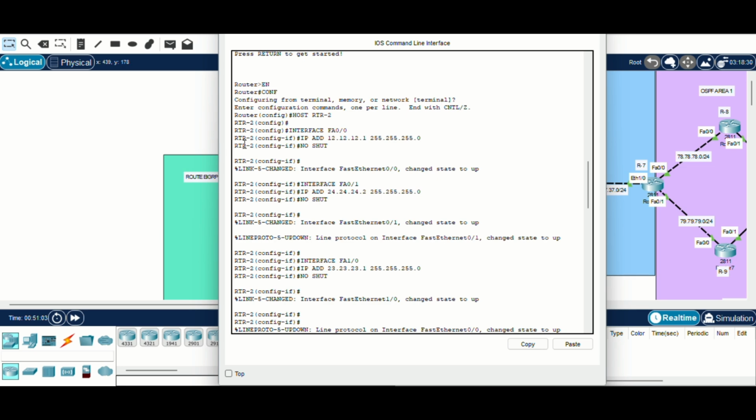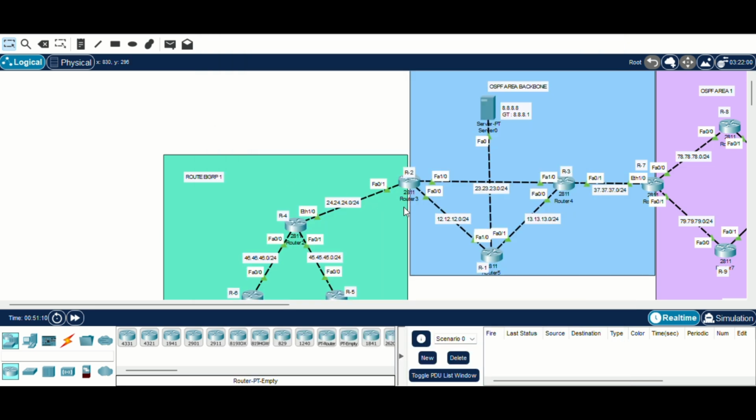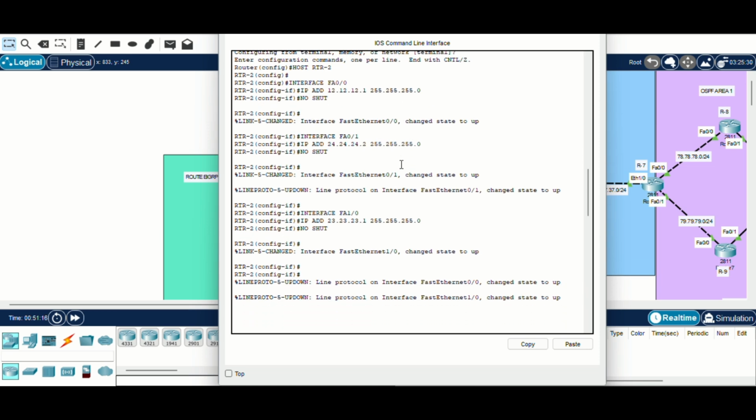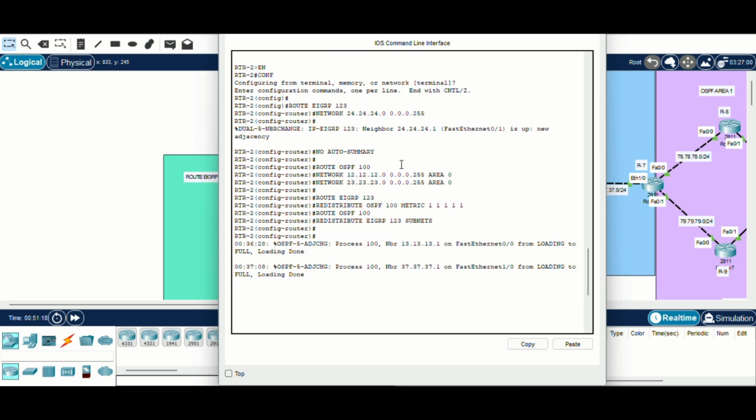And then interface FA0 is 12.12.12.1 connecting to router 1, and then interface FA1/0 connecting to router 3 is 23.23.23.1. After that, you make router EIGRP only for network 24, and then for router OSPF 100, you make the network 23 and then 12 with area 0, the backbone area. And then don't forget to make the redistribution for router EIGRP and OSPF.